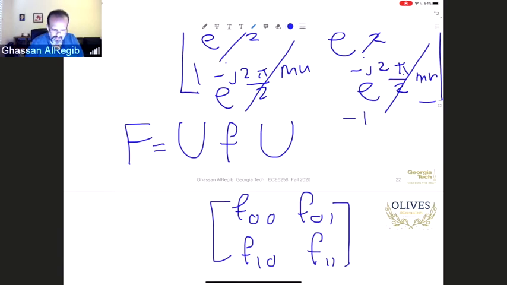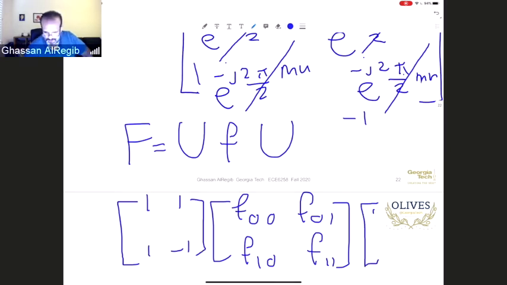And for the indices in the matrices, we are following the same convention we have in dpkit and MATLAB, which is the upper left corner is our 0, 0. And then on the right, we have U, which is 1, 1, 1, negative 1. And then from the left, 1, 1, 1, negative 1.